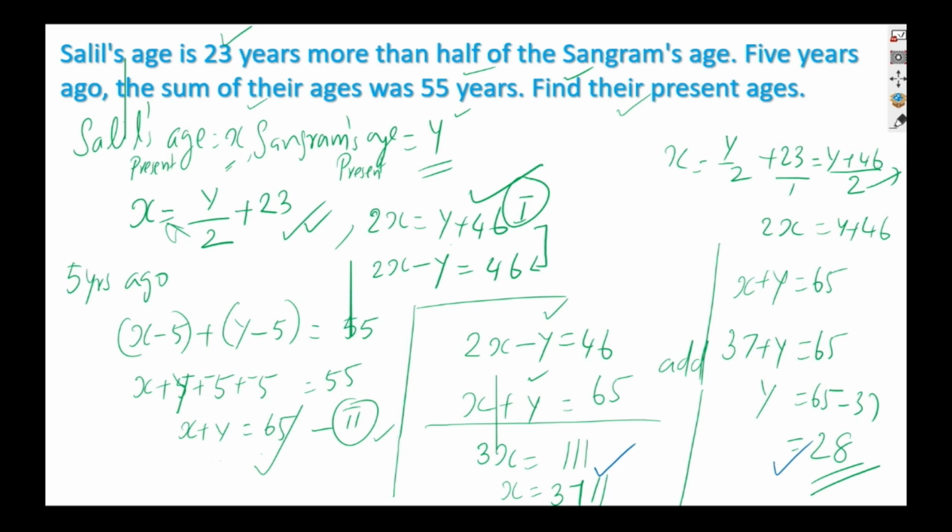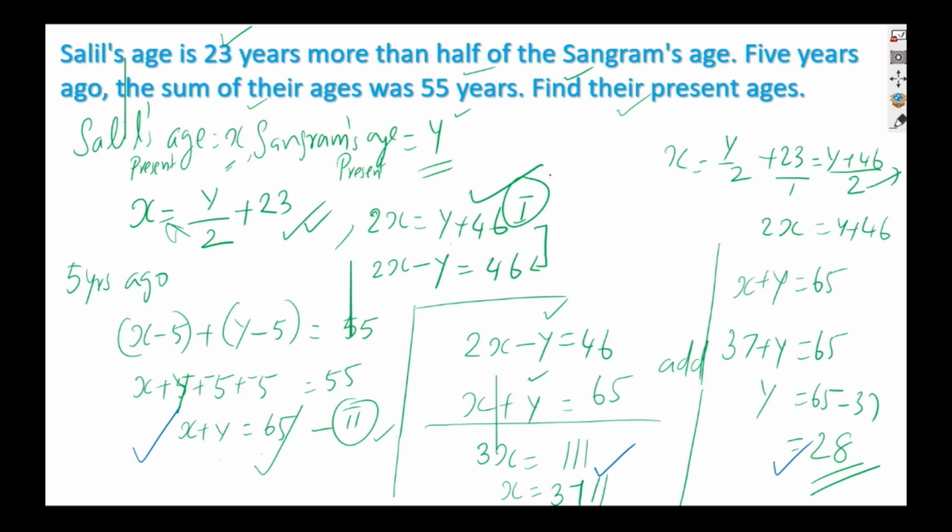As a part of checking, this is x and y, the present ages: 37 plus 28 is equal to 65. This equation is satisfied. 5 years back, it will be 32 and 23. And we know that it is given that Salil's age is 23 years more than half of Sangram's age.